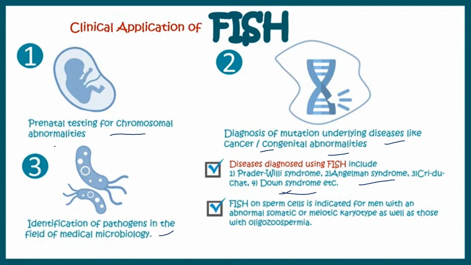Then we have another type called fiber FISH, which is an alternative technique to interphase or metaphase preparation. In fiber FISH, interphase chromosomes are attached on a slide in such a way that they are stretched out in a straight line, rather than being tightly coiled as in conventional FISH, which adopts a chromosomal territory conformation.